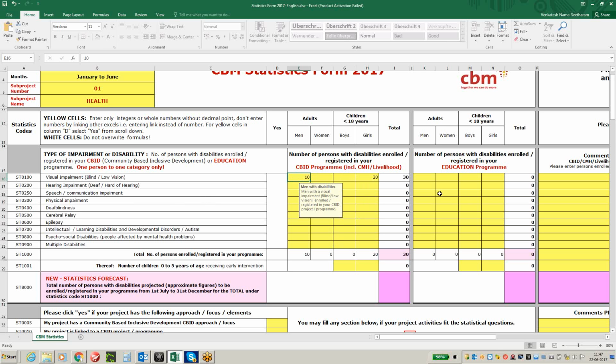And if it is an education program, they do the same thing. I'm just giving some rough figures here for our convenience.